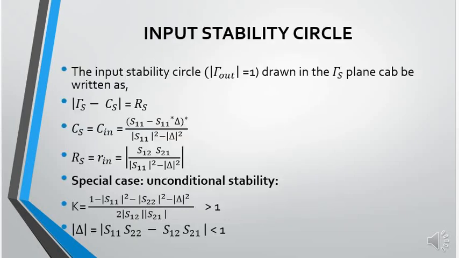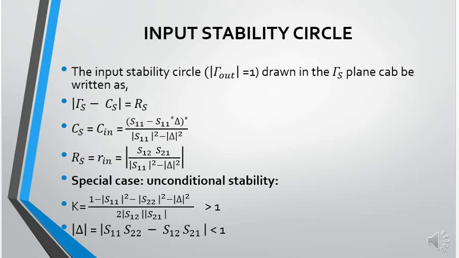Input stability circle. The input stability circle is drawn for the output reflection coefficient gamma out is equal to 1 and is drawn in the source reflection coefficient plane and can be written as source reflection coefficient minus CS is equal to RS. So CS is equal to C in, that is equal to S11 minus S22 conjugate del the whole conjugate divided by S11 square minus del square. The source radius RS is equal to r input is equal to magnitude of S12 S21 by S11 square minus del square.